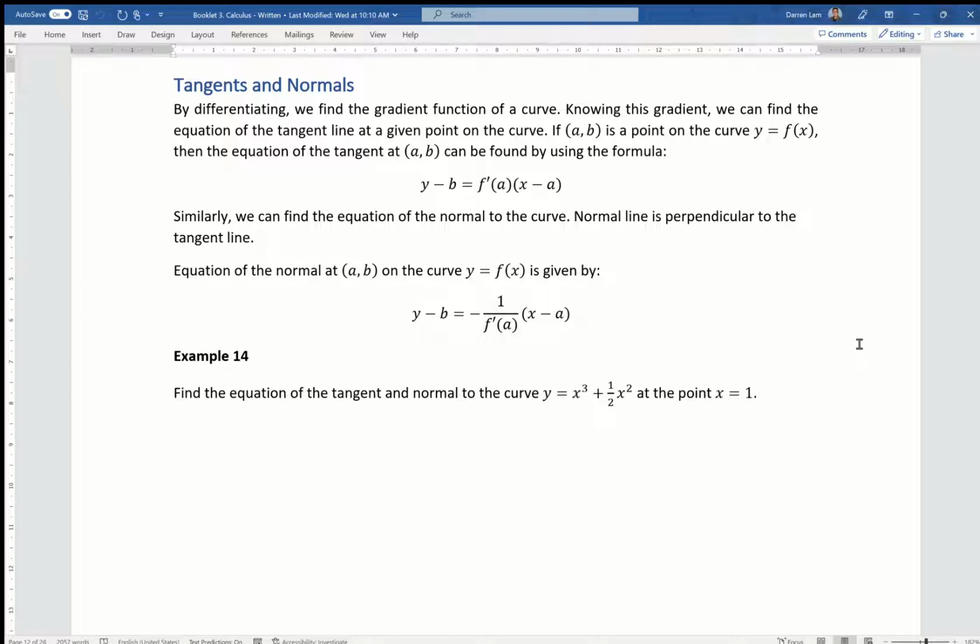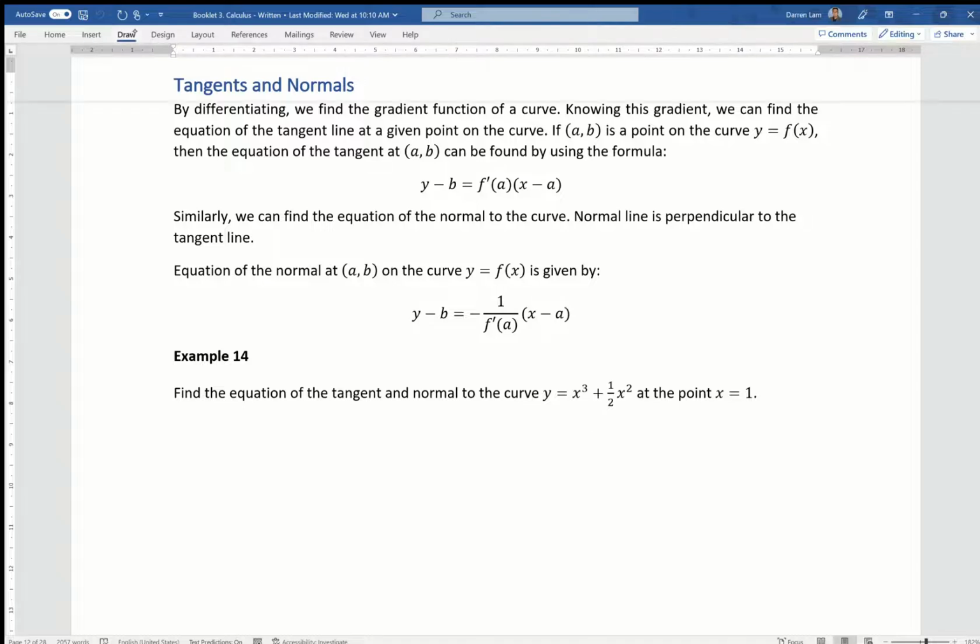But the other concept we're focusing on is tangent and normal graphs. By differentiating, we already know that when we differentiate, it provides the gradient function of a curve. Unless it's a linear equation, the gradient changes over time, which is why we're going to have a gradient function, not just a constant. Knowing this gradient, we can find the equation of the tangent line at any given point.